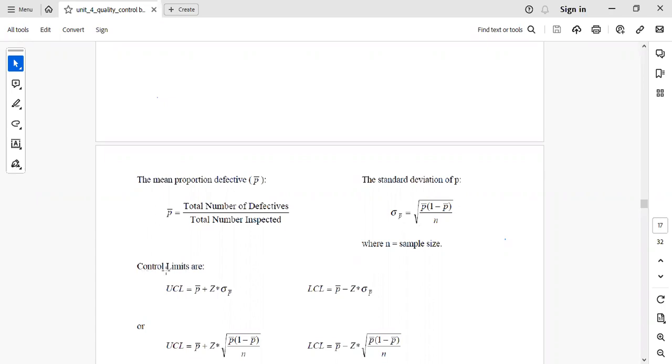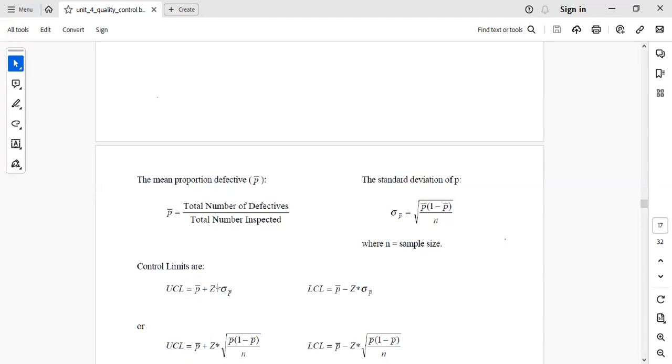So then now, how do you get the control limits? Simply like in the other cases of the X bar and the R chart. We have the P bar, which in this case we are considering to be the center line, or where the center line will be.